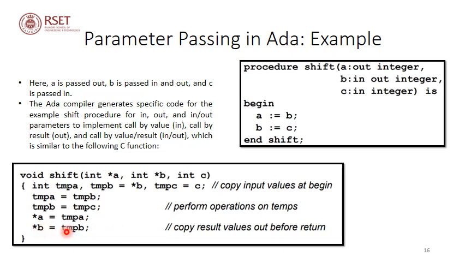This last statement corresponds to the copy result operation: copy result values out before return. So these are the corresponding operations for this particular Ada procedure, which illustrates what happens in the case of out, in-out and in parameter passing modes.